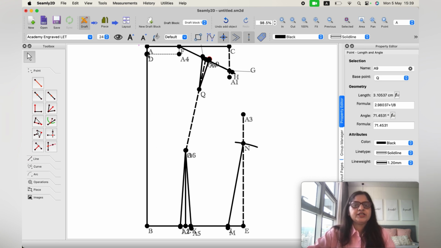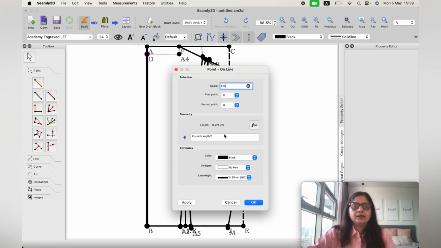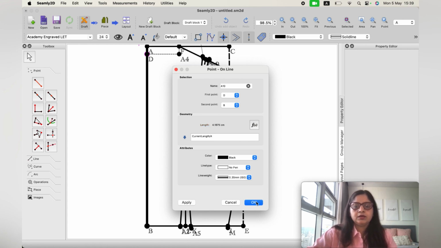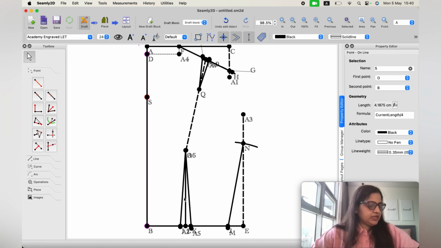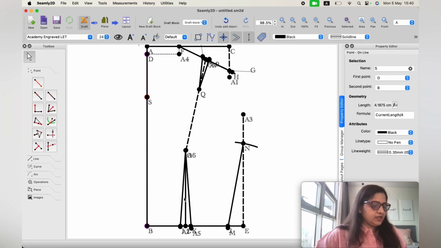Now the next measurement is D to S, which is 1/4 of this. For that I'll use this midpoint tool, and I'll give it divided by 4. Okay, and I'll give this the name S. Now S to T is across back plus 1/4 of an inch.